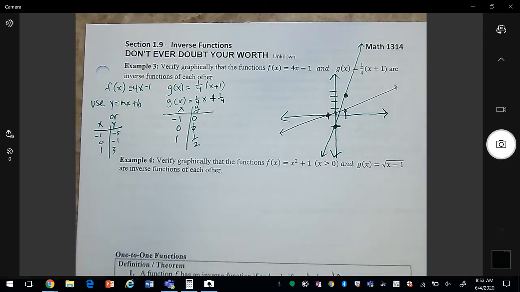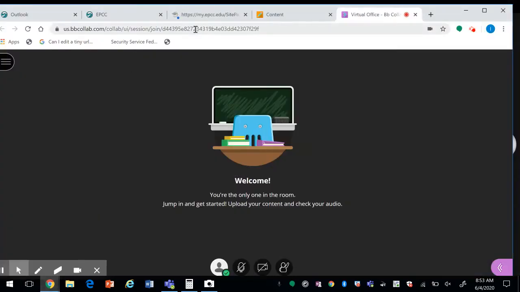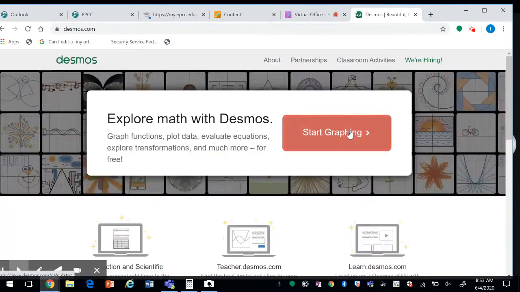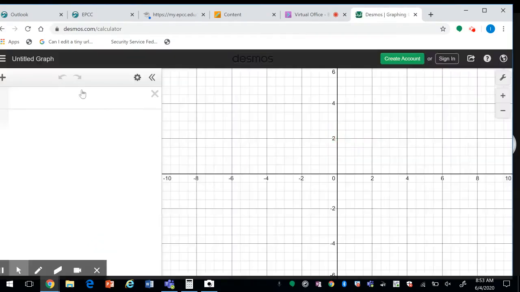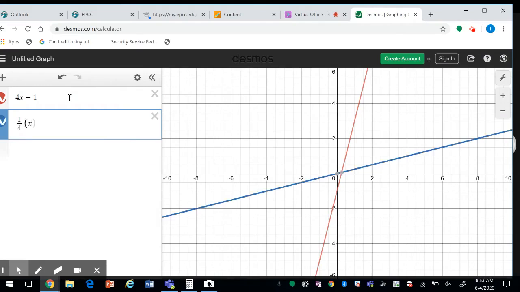Yeah, so let's look at the graph on the computer just to get a better view. So the first one is 4x minus 1, and then the second one is 1/4 times x plus 1.